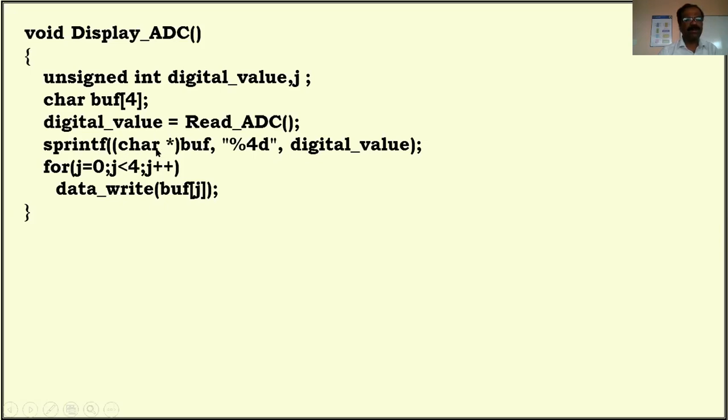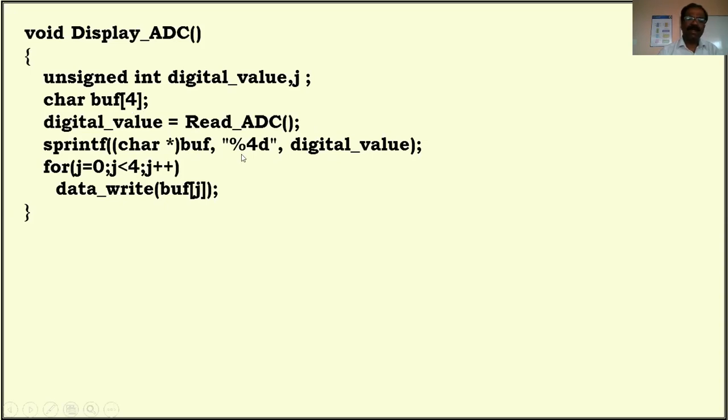What is the purpose of using this sprintf statement? It takes a digital value in the form of decimal, like it may be 25, 1025, 255, or 1023. It converts that into a string and loads that into the buffer. What is the size of the buffer? That is 4 bytes. You know the size of char is a byte.